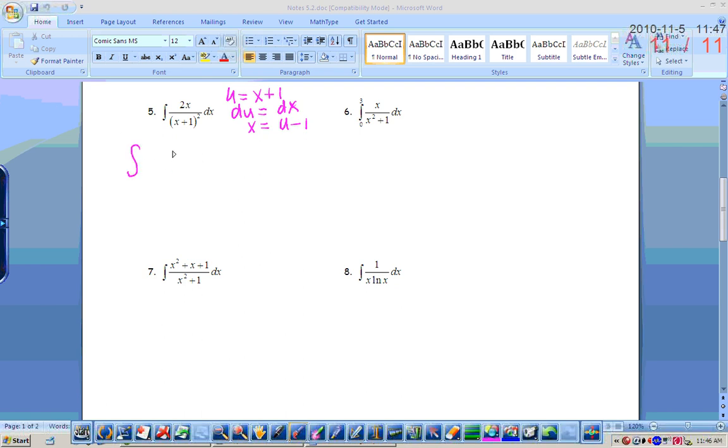All right, so on top, what will we have? 2u minus 2? Or what about this 2 that's on top? What about pulling it out in front? How would you feel about that? Okay. Pull that 2 that's on top out in front, and then we just have x, which is u minus 1.